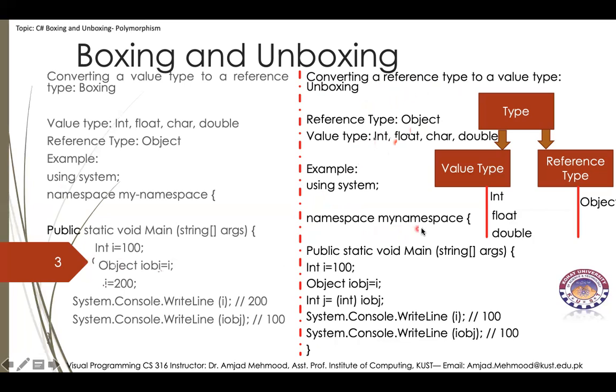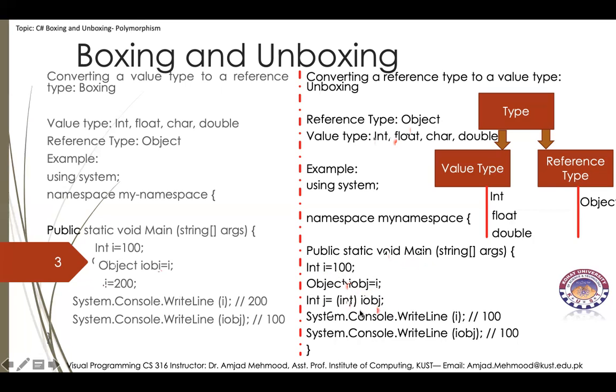Here you have a namespace name, then a method signature, and as you know, you must have a main method in your program. Here, this is the main method, and now you are defining I as 100, and then you are assigning the integer value to the object, and here you do the explicit casting.